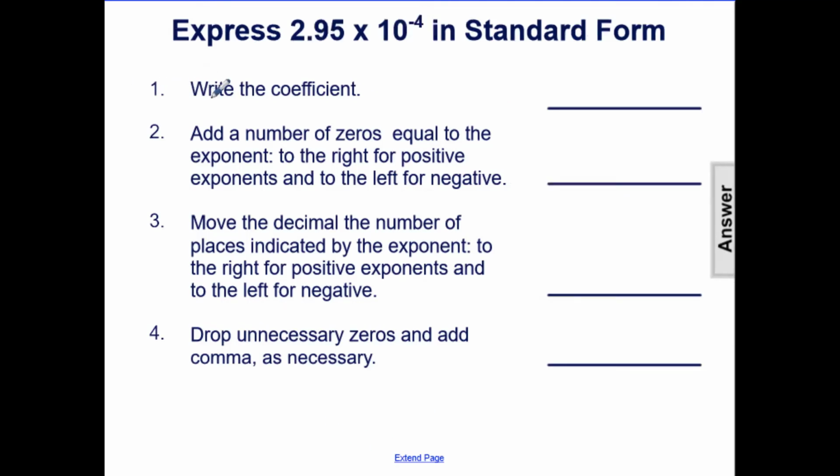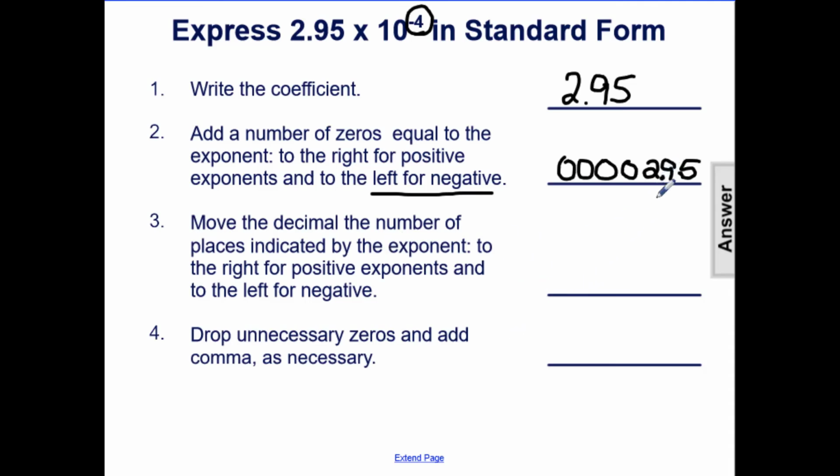Another example, let's express again with a negative exponent, 2.95 times 10 to the negative 4. Let's write our coefficient, 2.95. We're going to add a number of zeros equal to the exponent. We're going to go to the left because it's negative. So we'll have 4 zeros to the left of the 2 with that same decimal between the 2 and the 9.